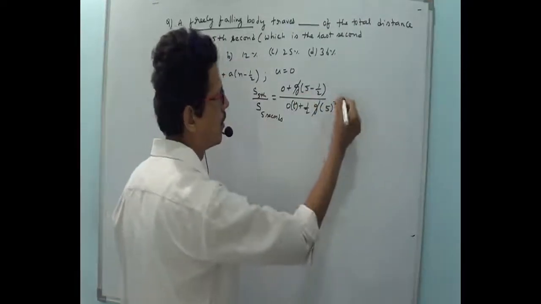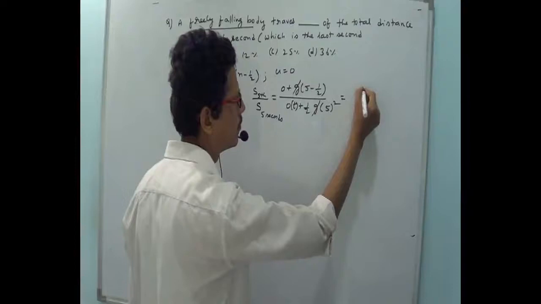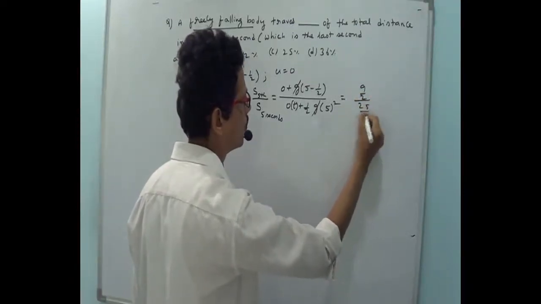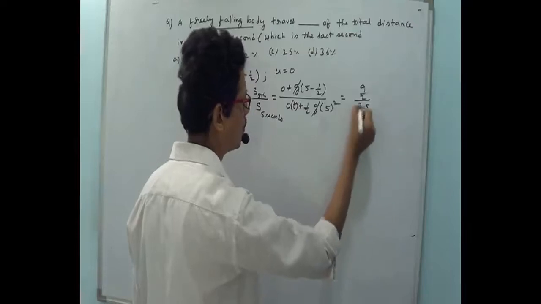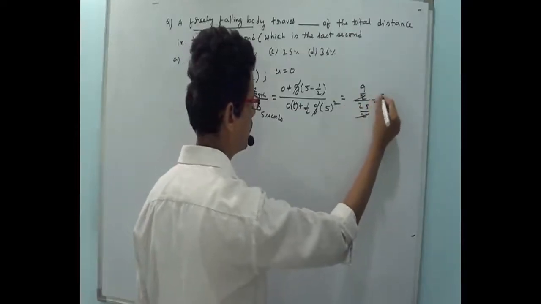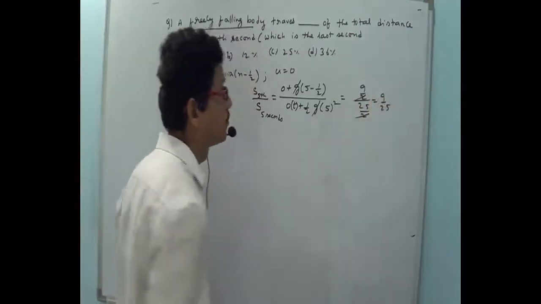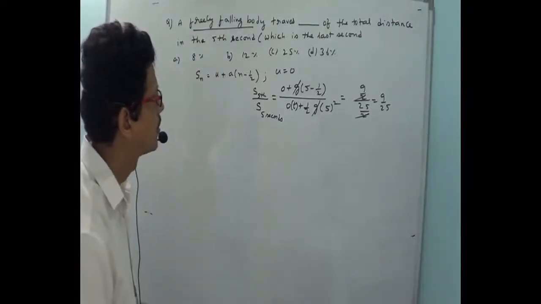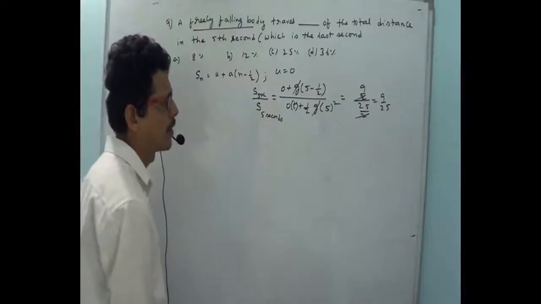That is 9 by 2 divided by 25 by 2. This 2 got cancelled, and this is 9 by 25. So he's asking percentage. You have to multiply on both the sides with 100.